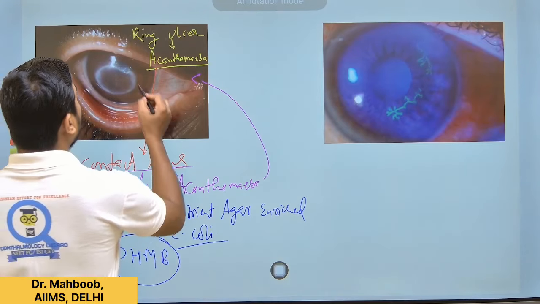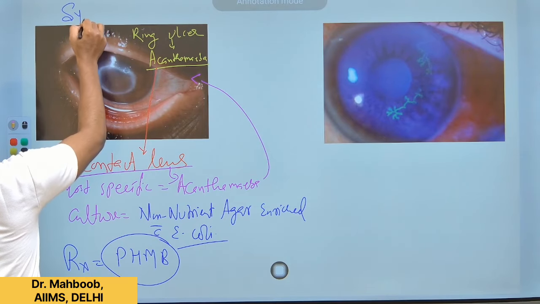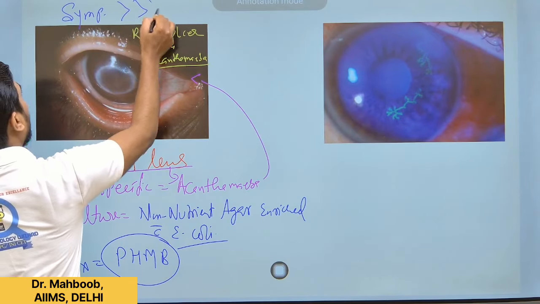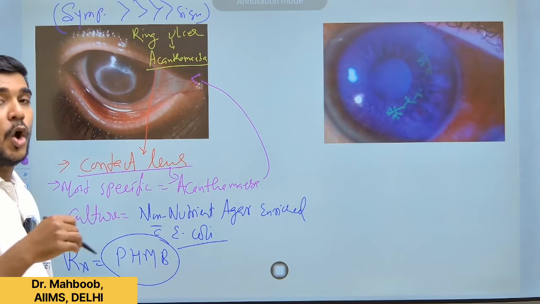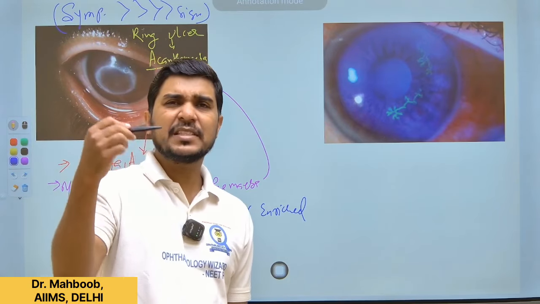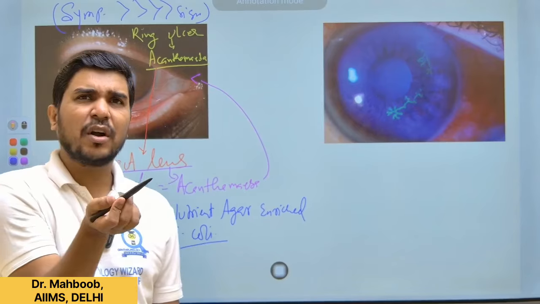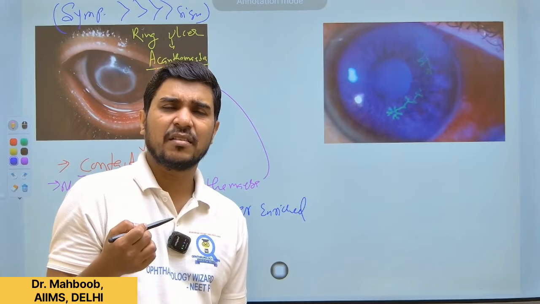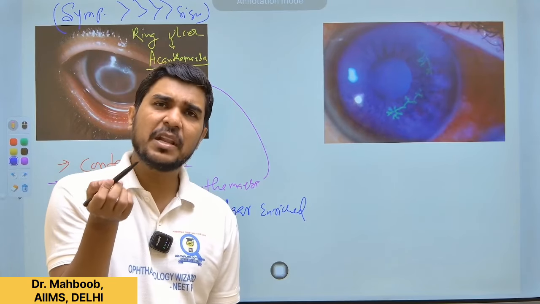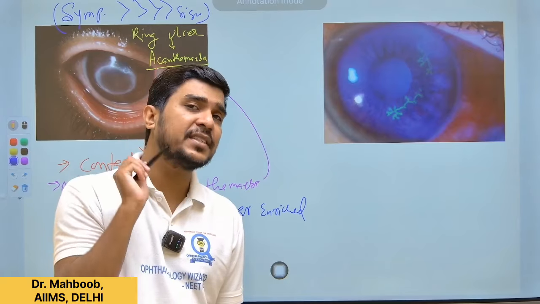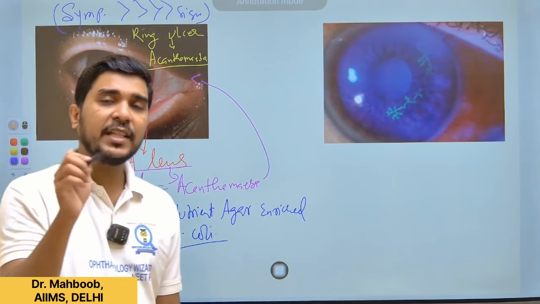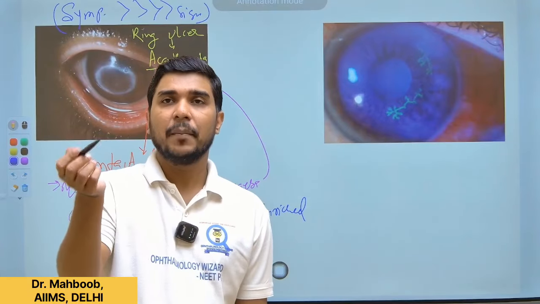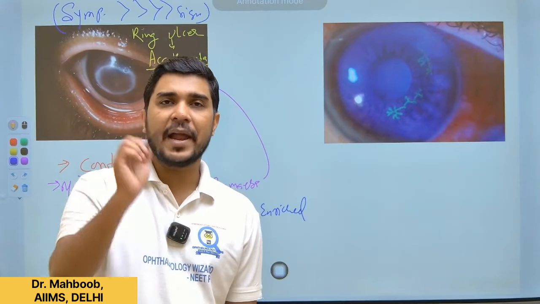One important thing to understand in acanthamoeba: symptoms are more than signs. Means the patient will have very severe pain, and when you see the cornea, it's nothing like that. Understand? So symptoms are more than signs. Why is there severe pain but no sign or very mild sign?